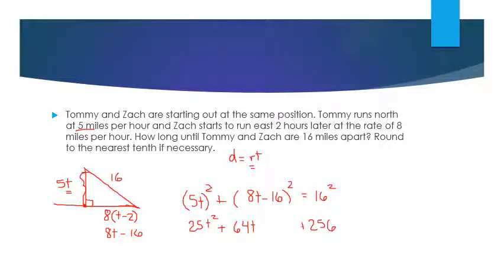And the middle term is going to be double the product, and 8 times 16 is 128, and double that would be 256. And that's going to be minus, okay, and that all equals 16 squared, which I believe is 256.